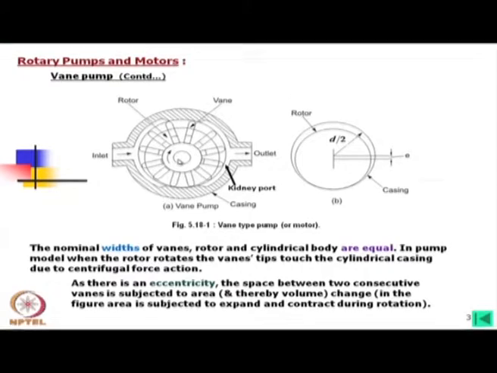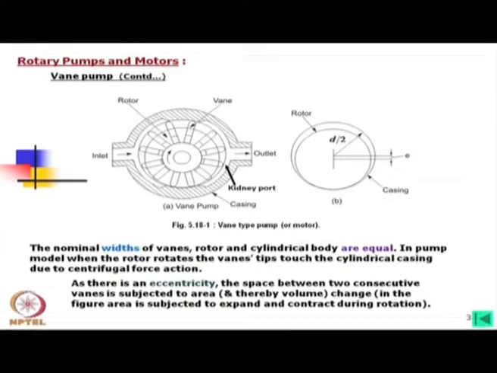Look at this: if we make this eccentricity 0, the cam will still rotate, but there will be no compression and expansion. So, definitely this gives us a clue that if we can change this eccentricity, then we can make it variable displacement also.